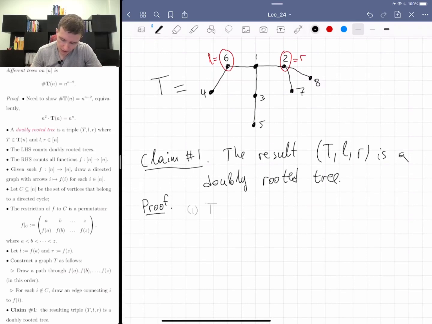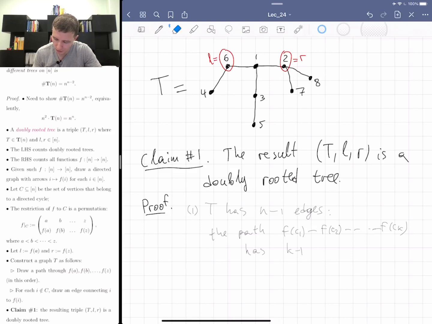But to prove that T is a tree, first, T has n minus 1 edges. And why is that? Let's look at the 2 steps. If you draw a path through the vertices of C, the path from f of c1, f of c2, all the way up to f of ck has k minus 1 edges.